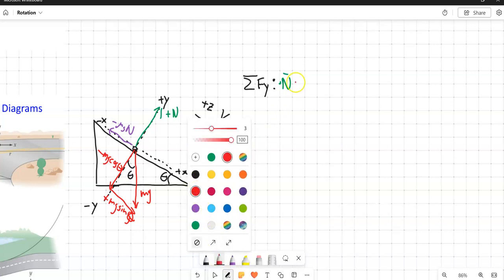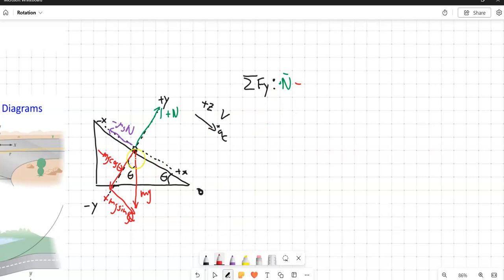We're going to have an mg force cosine of theta pointing down. And that's going to be equal to mass times acceleration in the y direction, which is 0. It's only accelerating in the positive x direction.